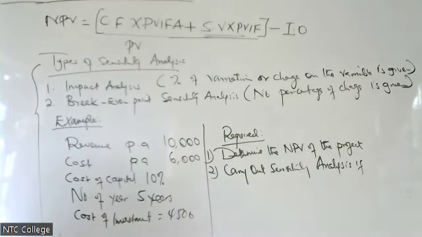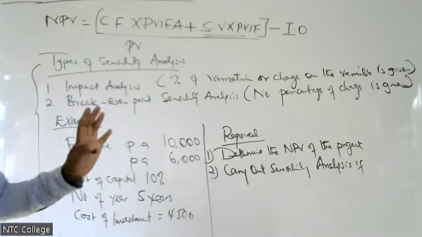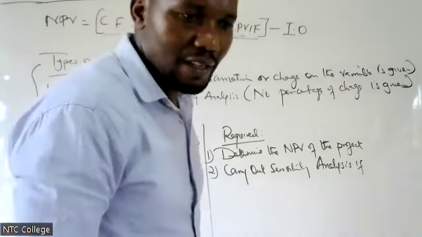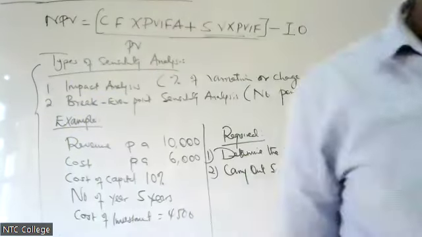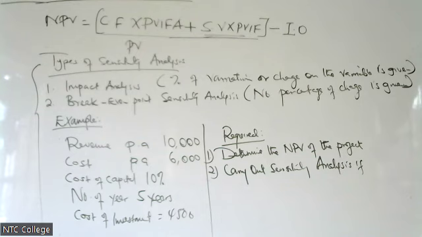So if you are taking advanced FM, you are in the right class. So this is an example to see how impact analysis works. In impact analysis, they have to give you the percentage change. If they don't give you, maybe it is not even impact analysis. It could be something else like break-even sensitivity analysis.